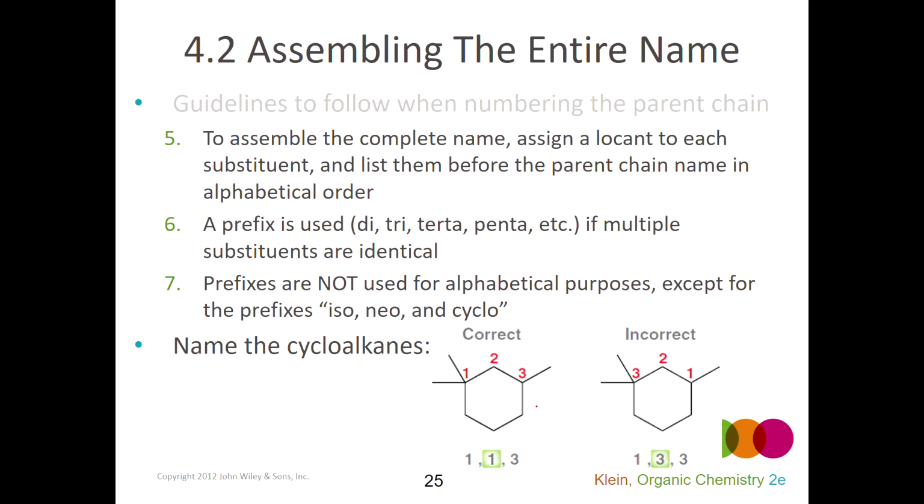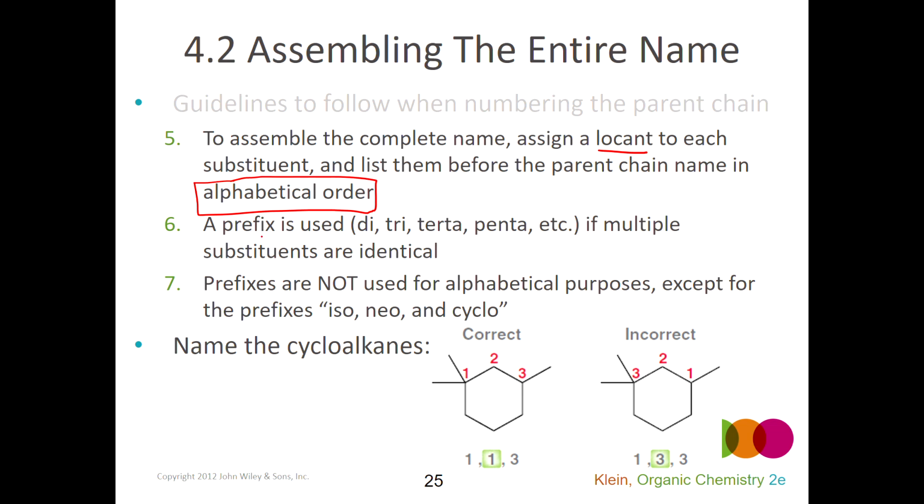All right, so once we number the parent chain, we're going to assign a number to each substituent, making sure we number from the side that gives our substituents the lowest numbers possible. And then we're going to order our substituents in the name alphabetically. And this is the part I dislike.